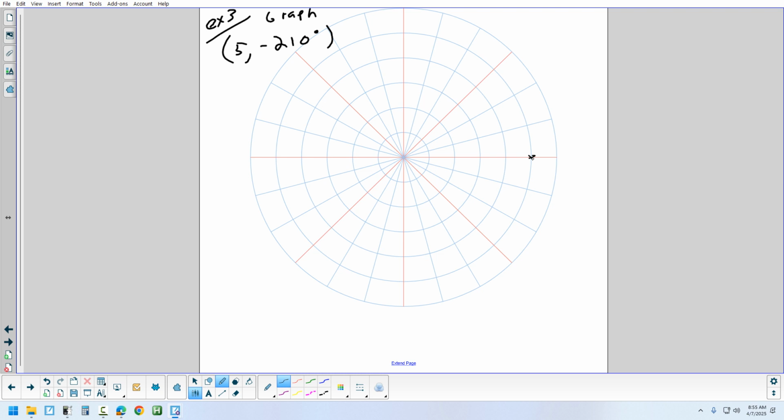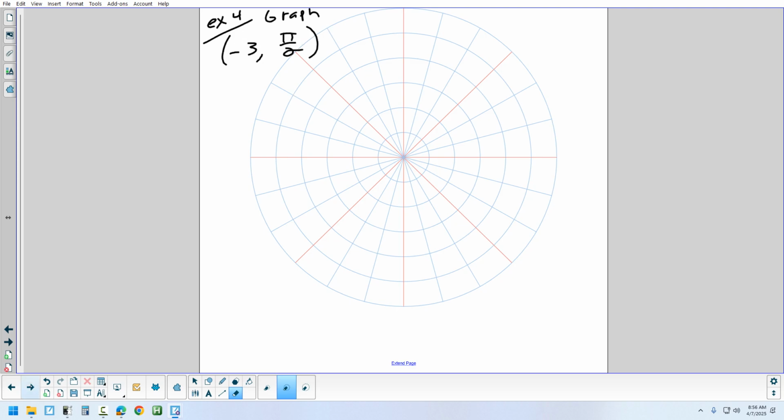Clockwise, 210. Well, if I go halfway around, that brings me to 180, and then I need to go 30 more, because 180 plus 30 gives me 210. And that's where 5, negative 210 would be. Okay. Any question on that one?